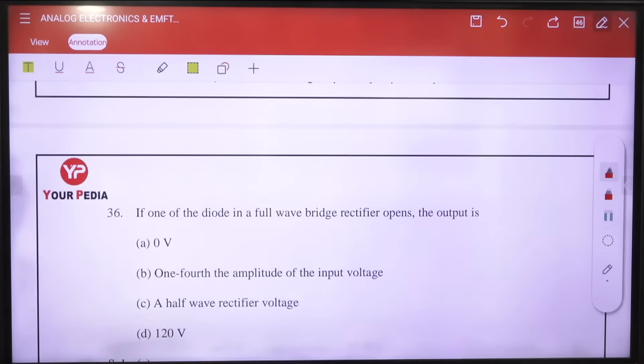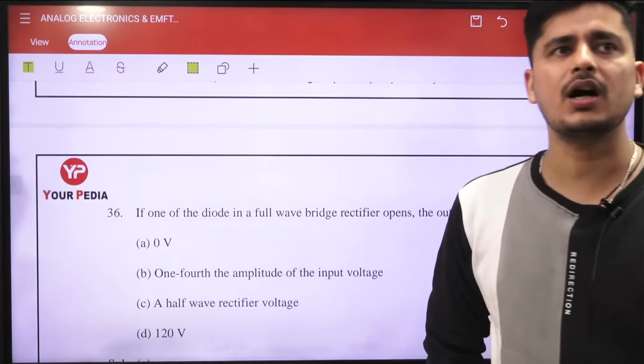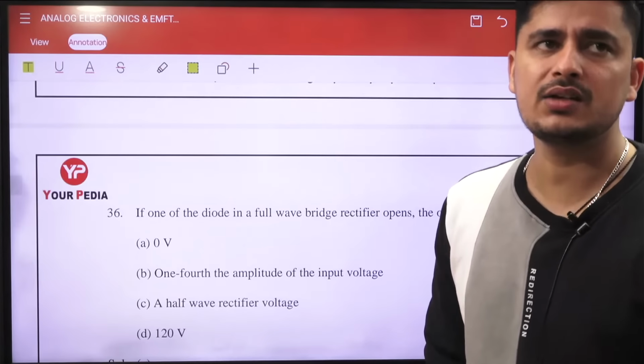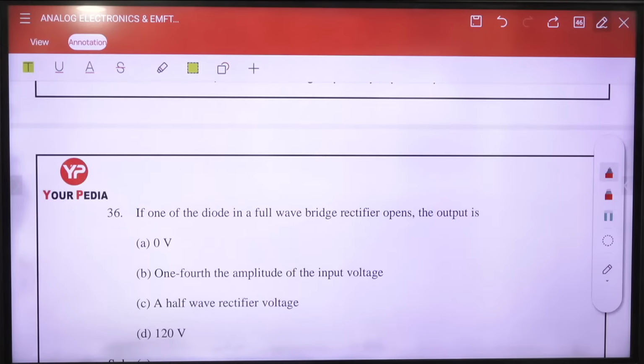If one of the diodes in a full wave bridge rectifier is open, the output will be, in a bridge rectifier, if you open one diode, then that circuit will behave like a half wave rectifier. Read the question again.